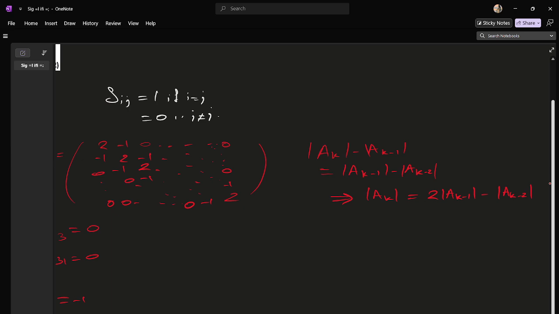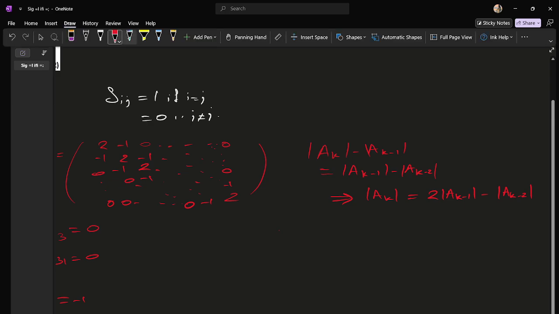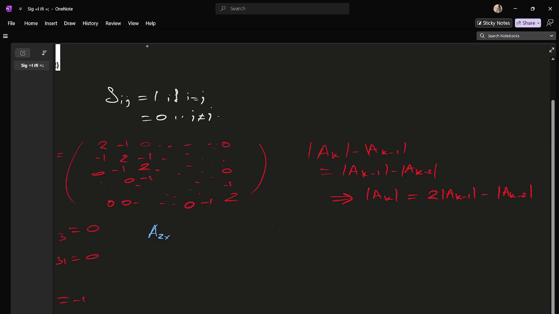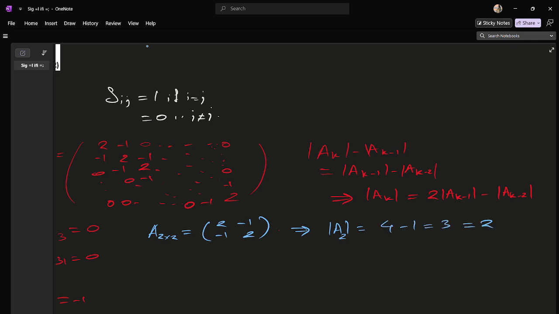So we are trying to use mathematical induction here. Let me change my color to blue. As our A2, 2 cross 2, is equal to 2, minus 1, minus 1, 2, our det A2 is now equal to 4 minus 1, that is 3, which can be written as 2 plus 1.